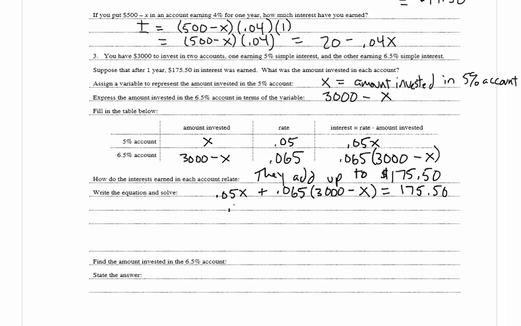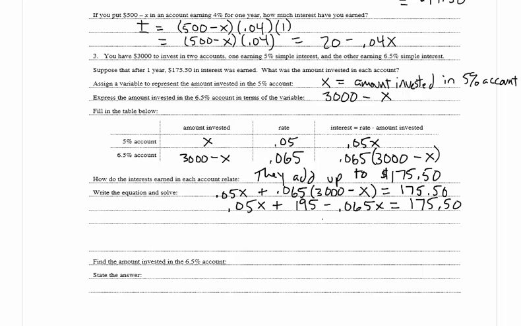So I get 0.05x plus 195 minus 0.065x is equal to 175.50.